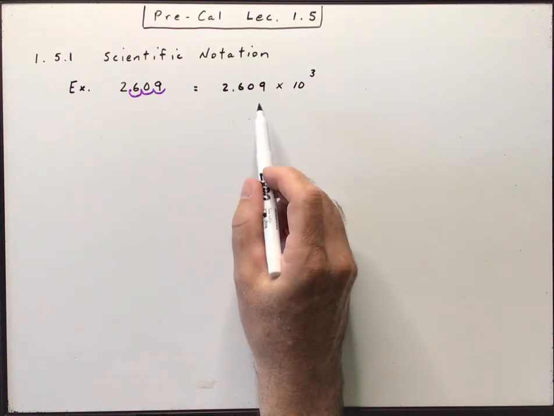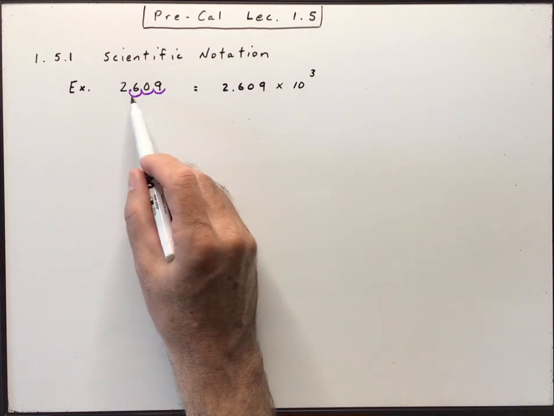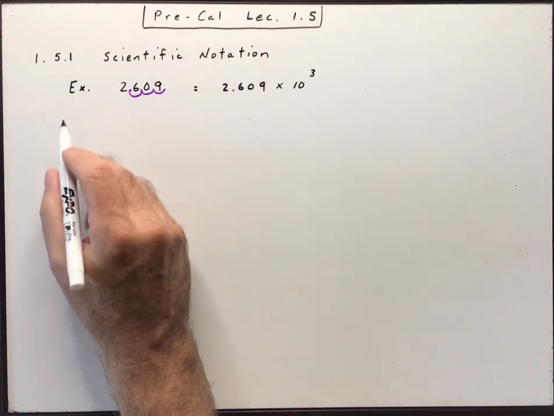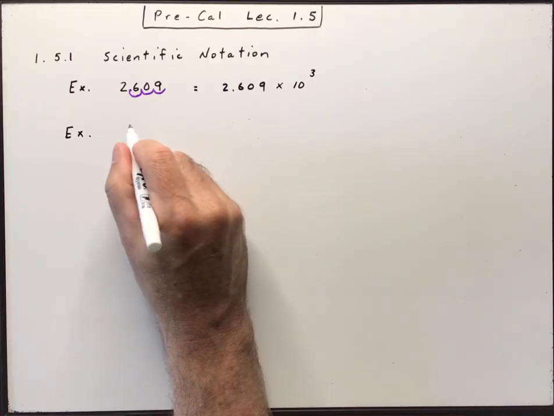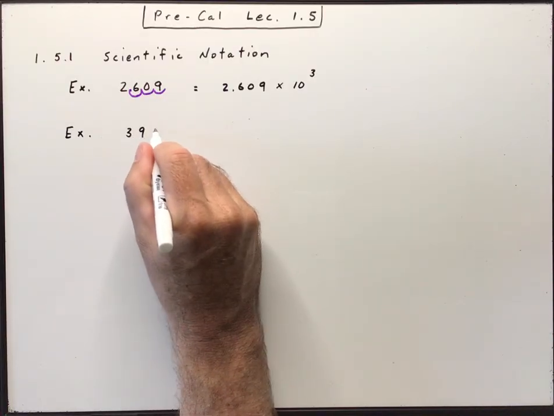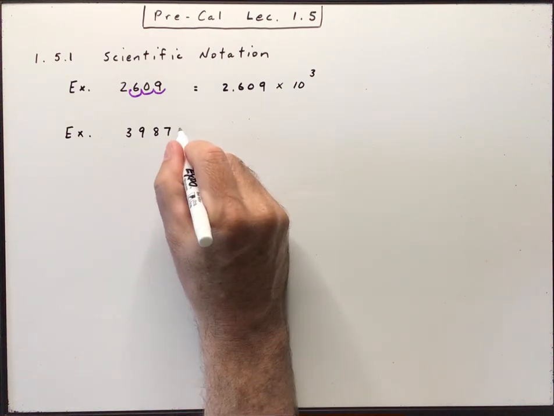In this particular example, it's not easier to write it in scientific notation than the original number, but let's go with some bigger numbers here. Let's say you have 3, 9, 8, 7, and then 5 zeros.